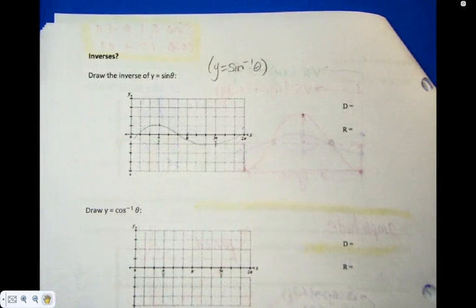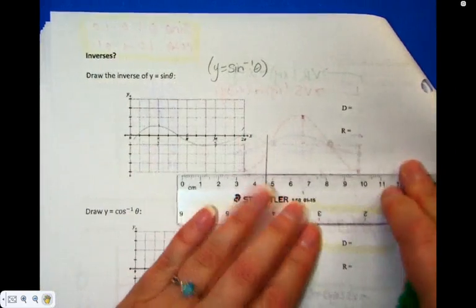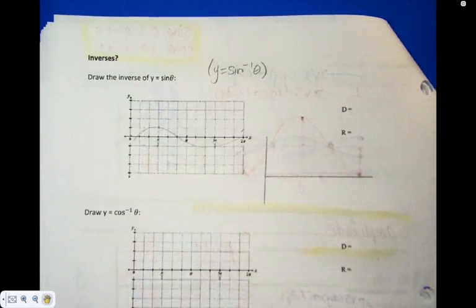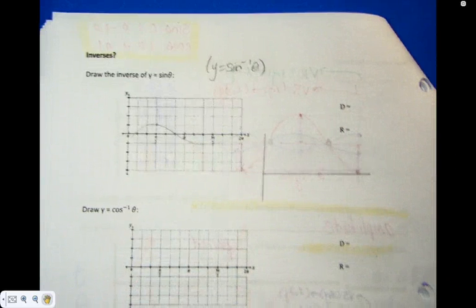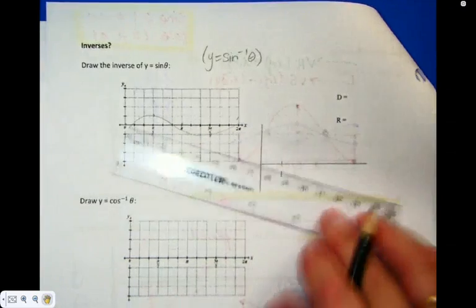It's actually easier when you're doing inverses of trig graphs to draw yourself new axes, and we're just going to switch the labels on them. Otherwise, you have to start estimating. So all I'm going to do is flip it. I'm going to put 1 on the x-axis, I just lied.